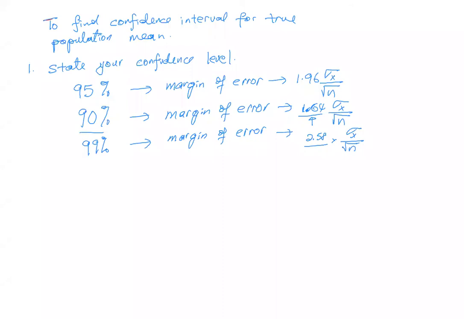So second step, you know your margin of error already. So what else do you need to do? Can someone tell me what else I need to do if I want to find a confidence interval for the true population mean?